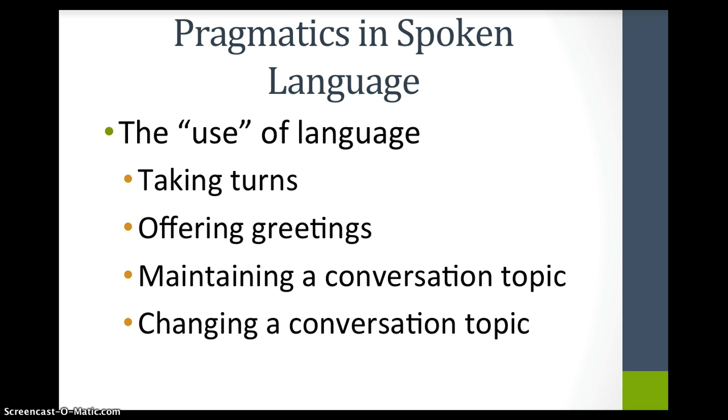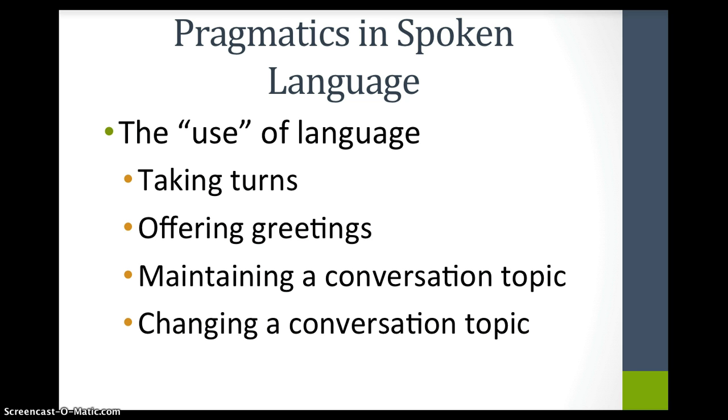We talk a lot about pragmatics with folks on the spectrum because that is the more subtle, complex, abstract kind of level of communication that often causes folks on the spectrum a great deal of difficulty. But it applies to the use of language in many ways.